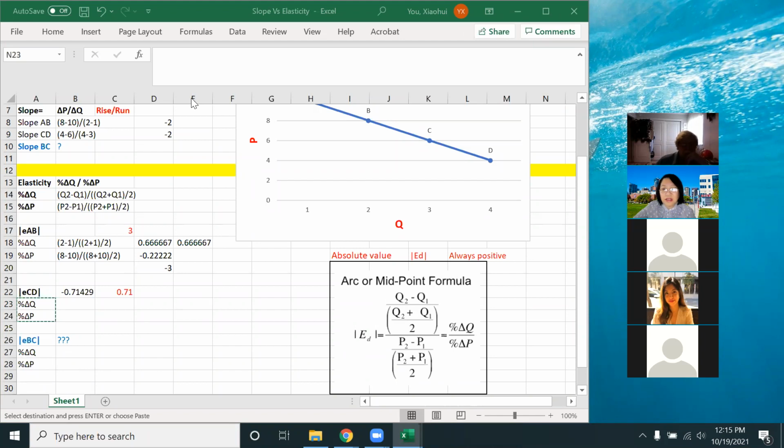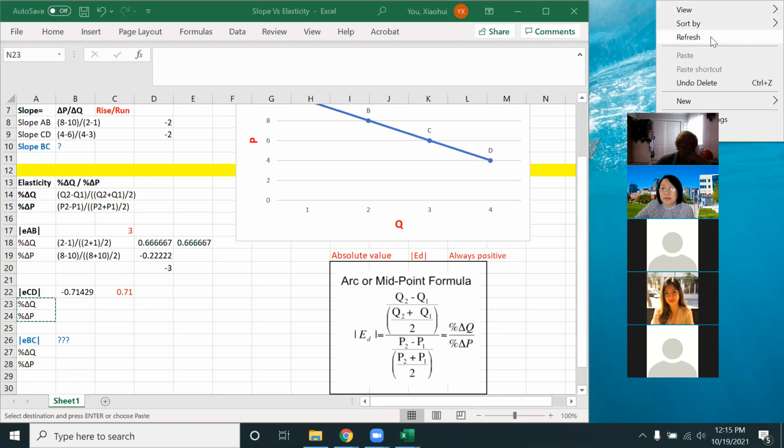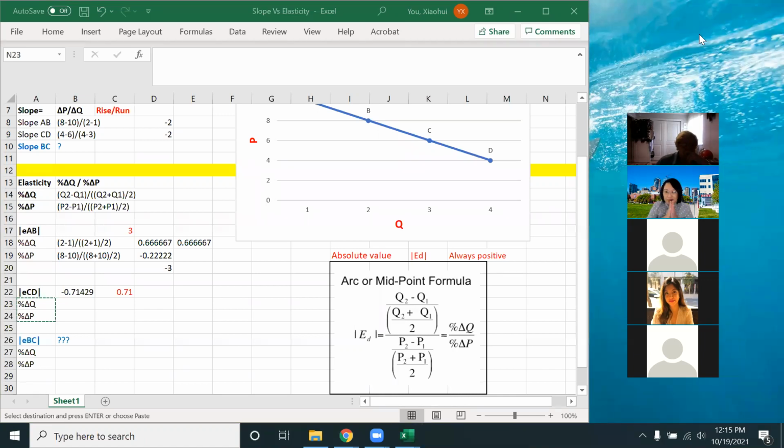The difficulty is just to calculate the percentage change on Q and on P. After you finish, just tell me the value.